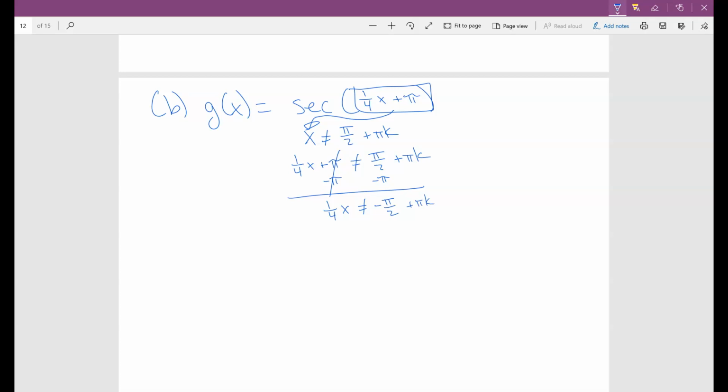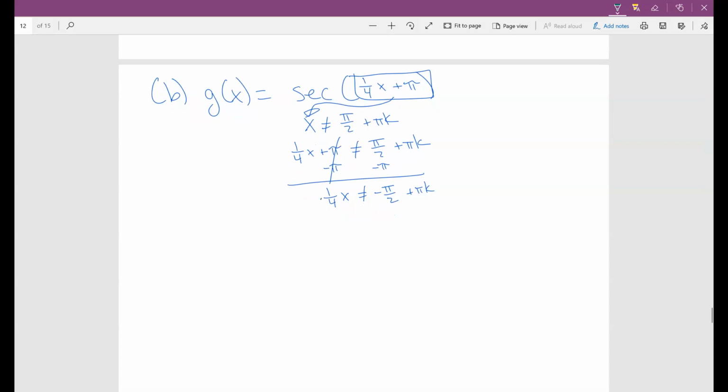And then how am I going to get rid of that 1/4? I'm going to multiply everything by a factor of 4. So x is not equal to, this is going to give me negative 2 pi plus 4 pi k. Okay, this is the equation of the asymptotes, or rather, where x is not equal to.